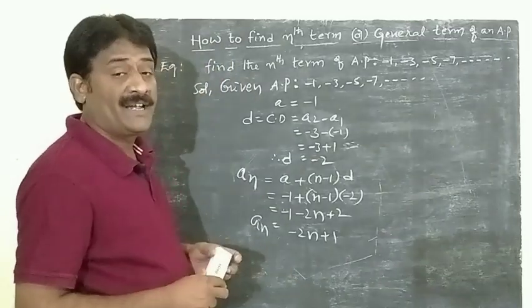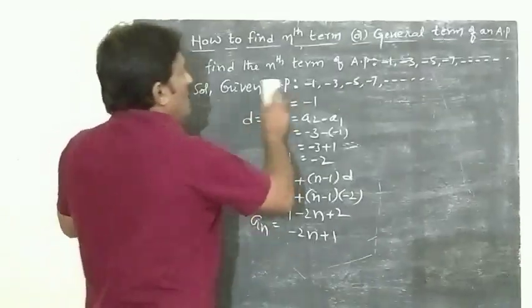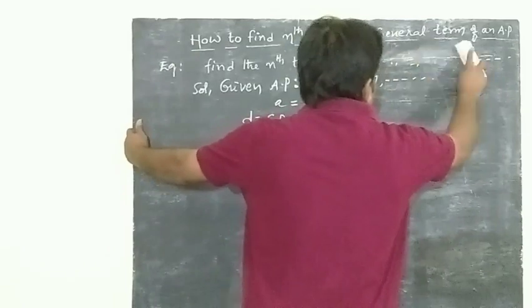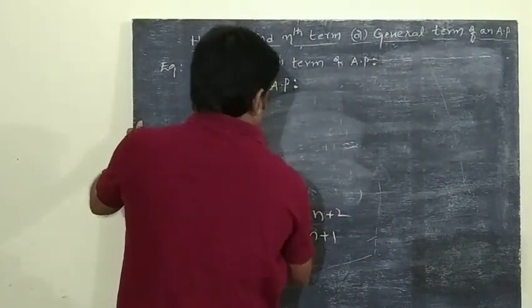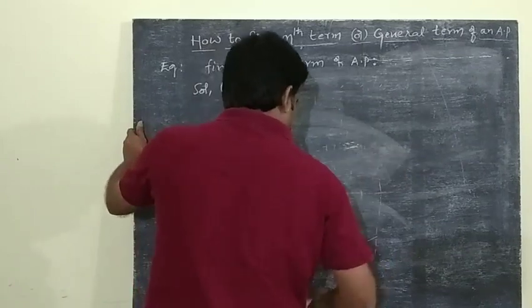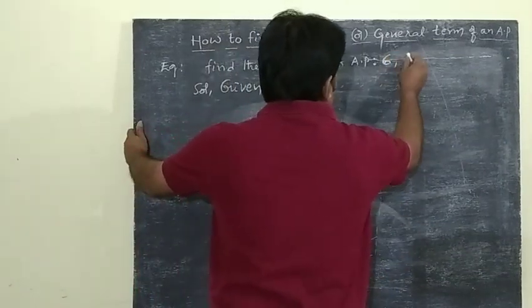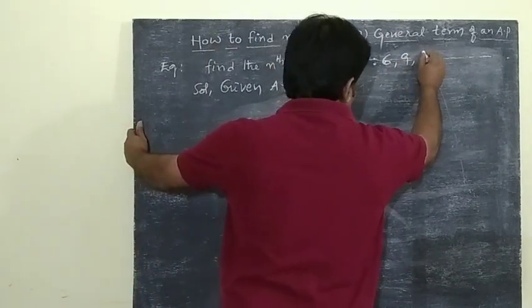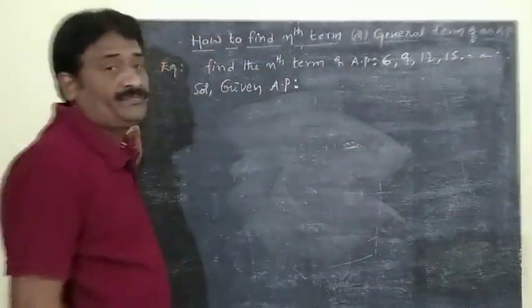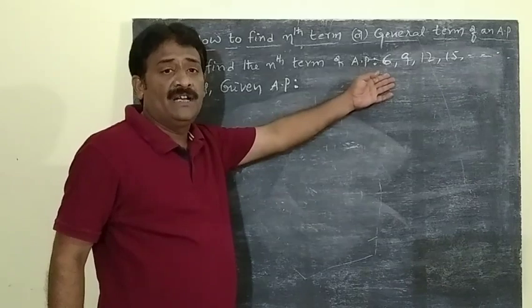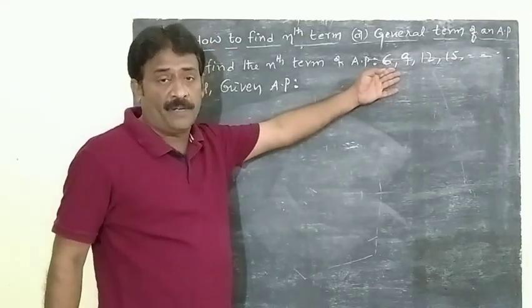Now taking another example, find the nth term of the AP 6, 9, 12, 15 and so on. Clearly the list of numbers is in AP.